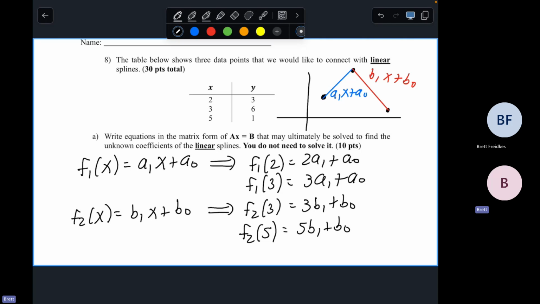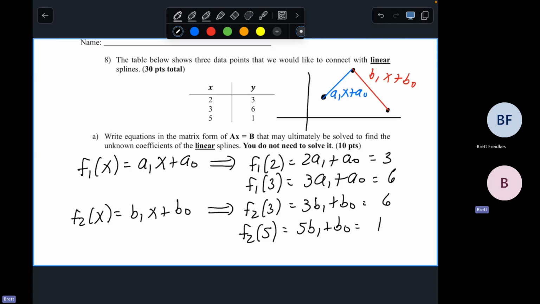Is that okay? Each of these equations, what's f1 of 2? 3. I gave it to you in the table. What's f2 of 3? What's f2 of 5? 1.